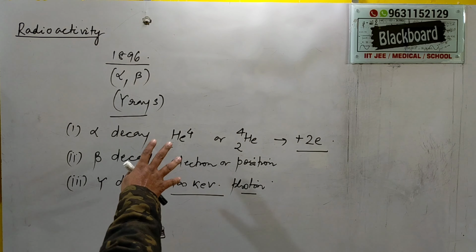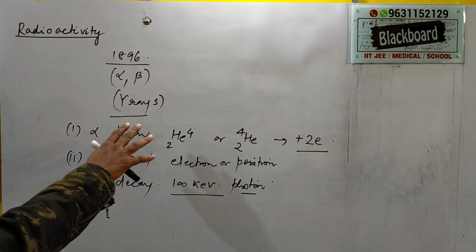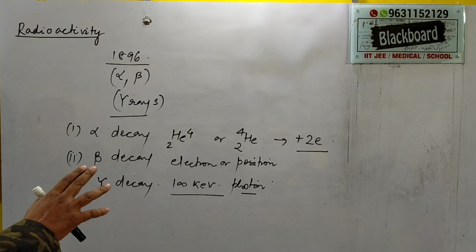Alpha particles have high ionization power. Their ionization power is 100 times greater than that of beta rays and approx 10,000 times greater than that of gamma rays. Alpha particles produce fluorescence in substances like zinc sulfide.